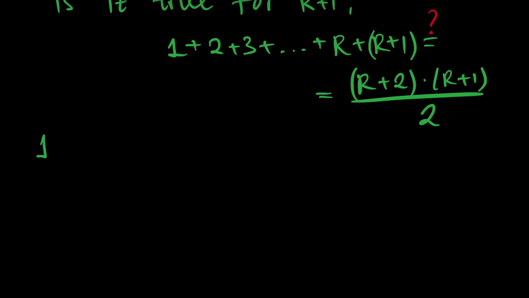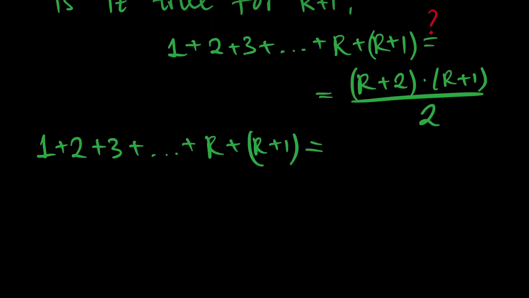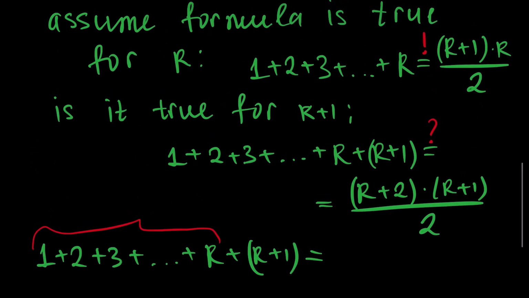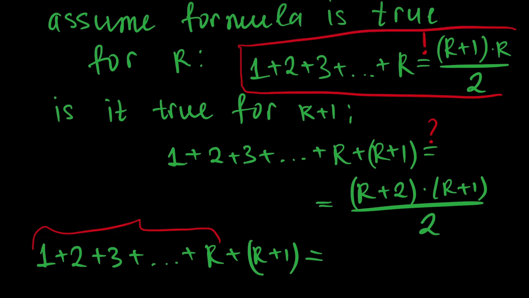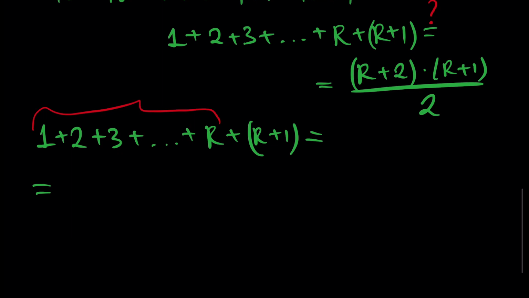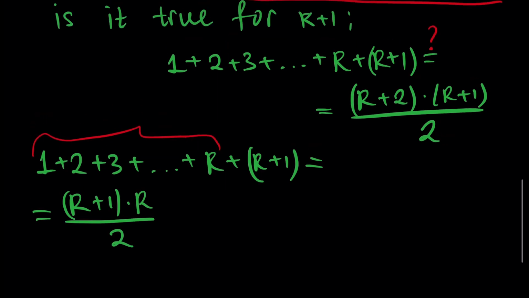We will write that 1 plus 2 plus 3 and so on plus k plus 1 is equal to, from our assumption, 1 plus 2 and so on plus k is equal to k plus 1 times k divided by 2. Let's write it. This is equal to k plus 1 times k divided by 2.